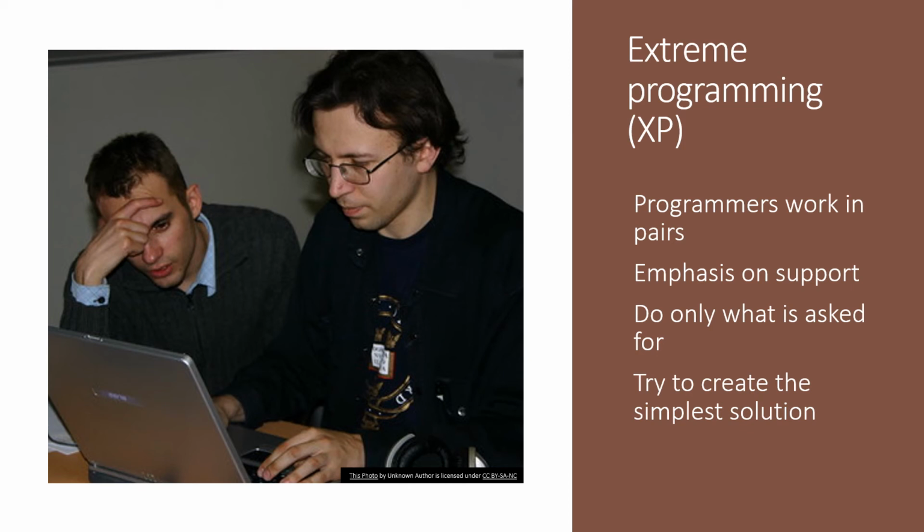As I say, it's not set in stone, but in general, if you see, for instance, a job advert that says that we use XP, they mean that you'll be working perhaps more supportively with a colleague.